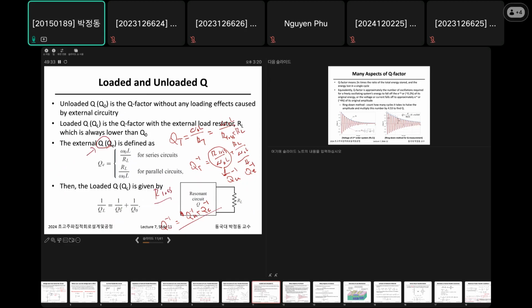With this relation, we know the required QL from the bandwidth or any other thing. Then we also know the load resistor. Then we can determine the value of R loss from this relation. That's why we use this. Make sense?